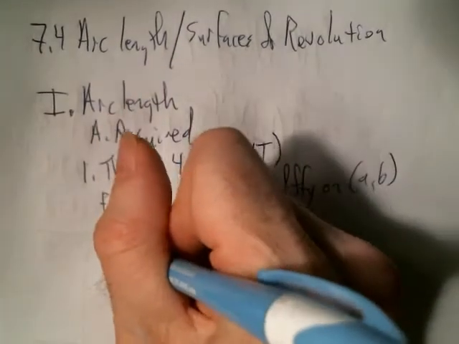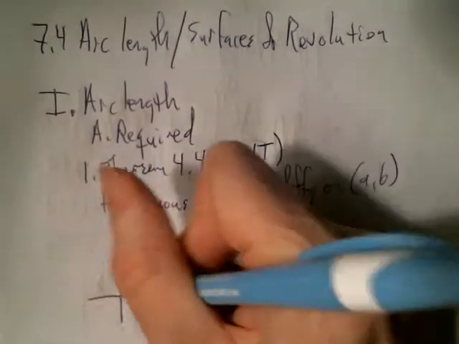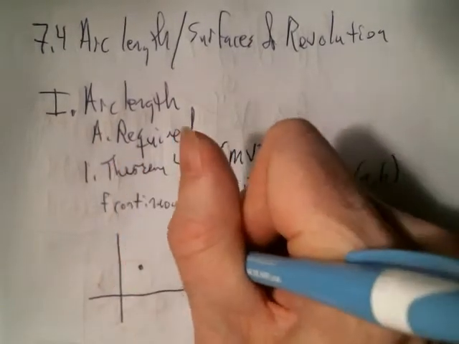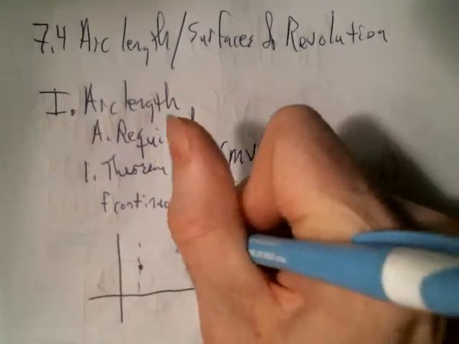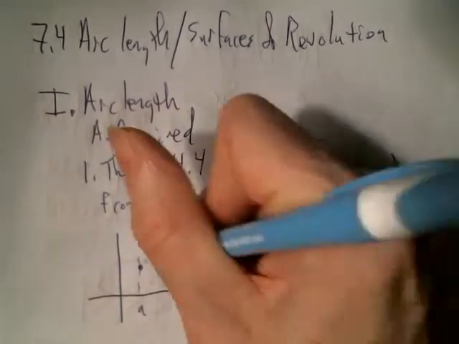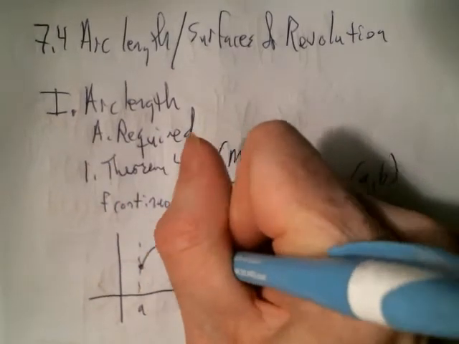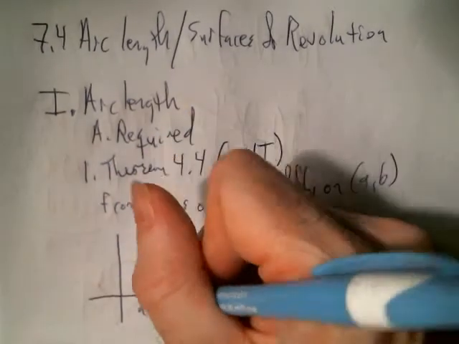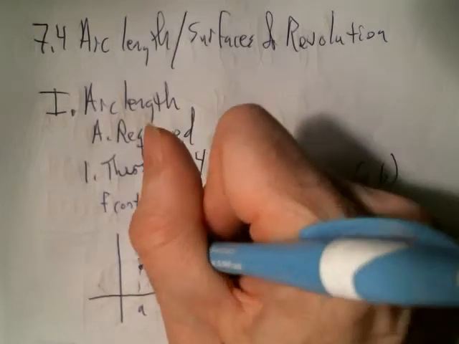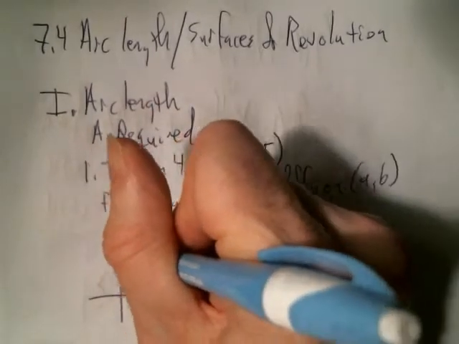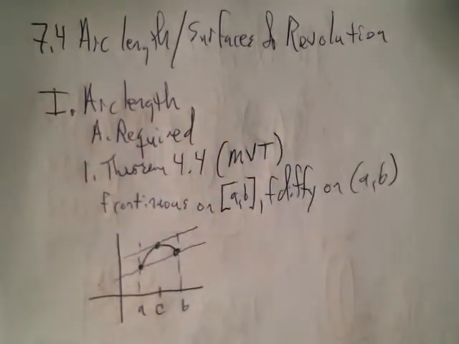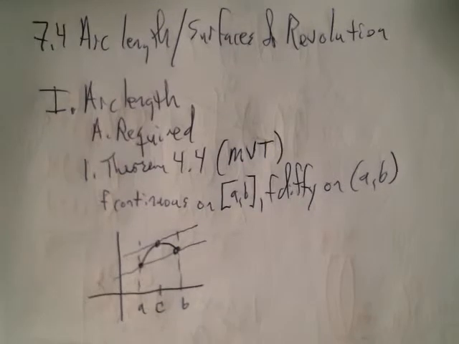So graphically, what are we saying? If you have this function on this interval from a to b, and I don't know what it's doing, maybe it's going like this, there will exist some c value in between a and b such that the slope of the tangent line at this point c is equal to the slope of the secant line through a and b. Okay?